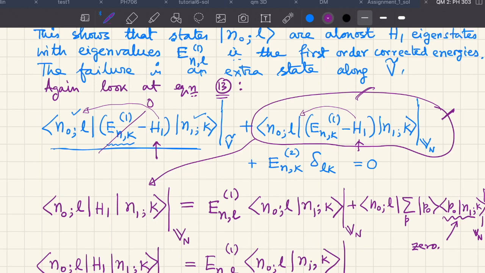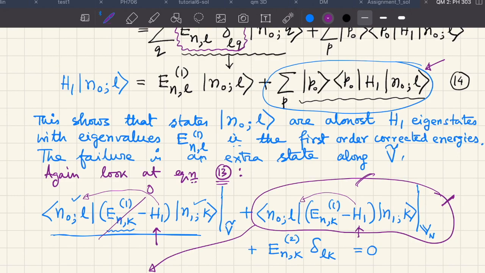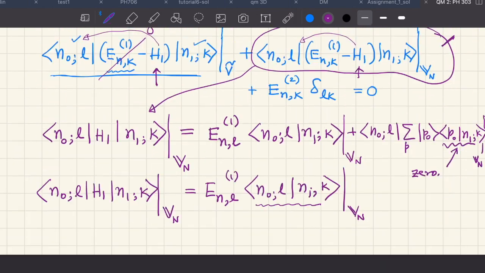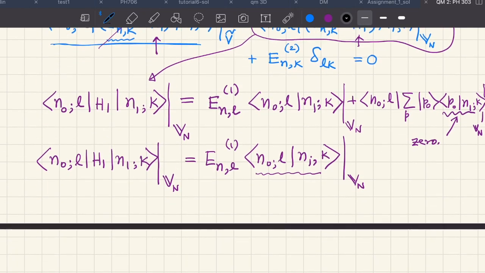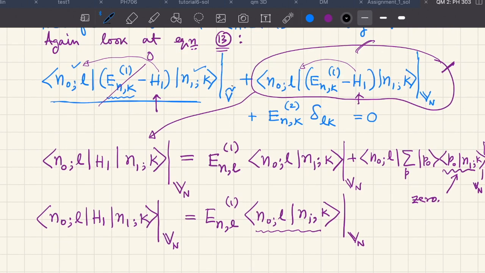So finally, what we have from our old equation, if I take into account everything, we will have minus ⟨n0L|H1|n1K⟩, but this one is in V tilde.